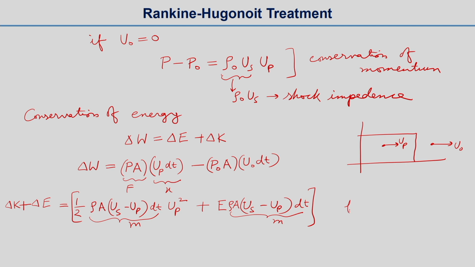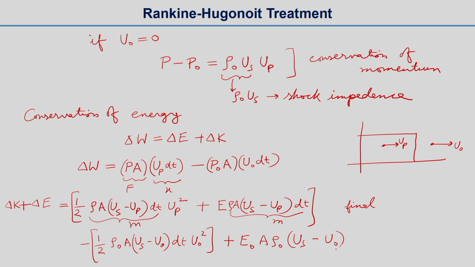This is for the final configuration, and then minus the initial one, which will be equal to half of rho naught A (Us minus u naught) dt u naught square plus E naught A rho naught (Us minus u naught) dt.